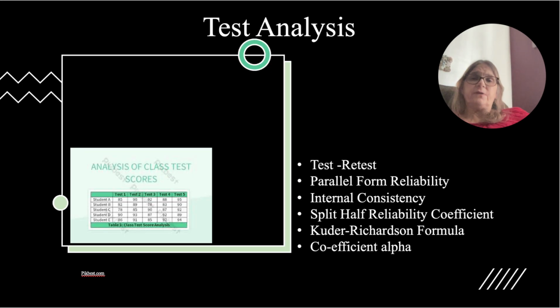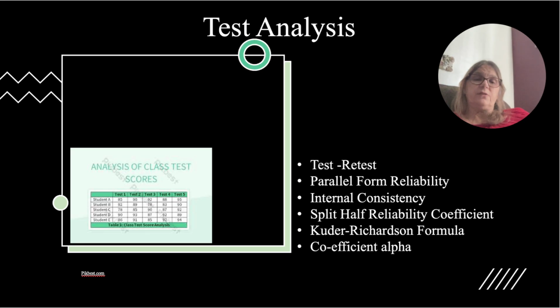There are different ways that we can do a test analysis. We can do a test-retest. That's where we test how this test would perform again in the future, with a different student but the same test. We can do parallel form reliability.